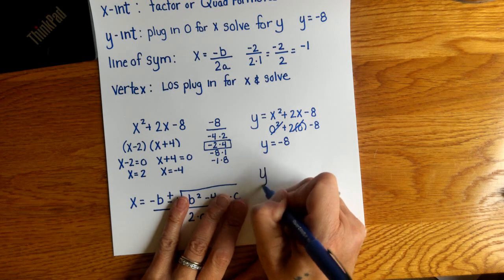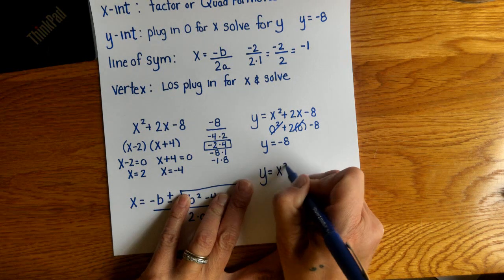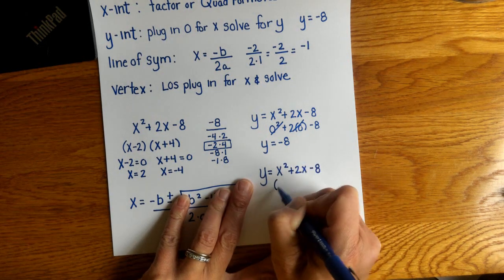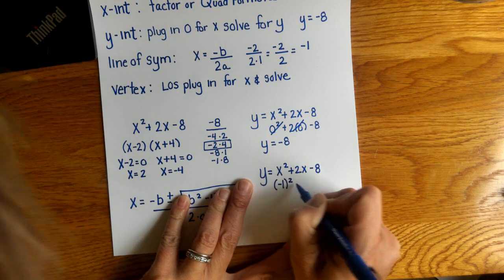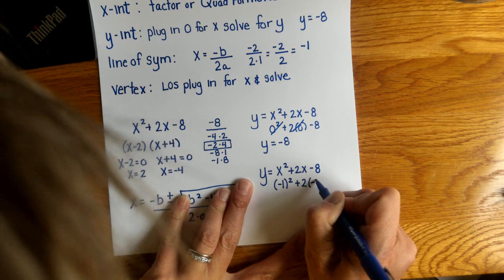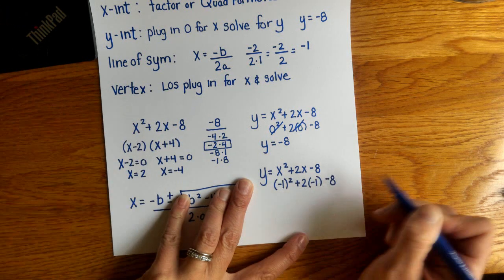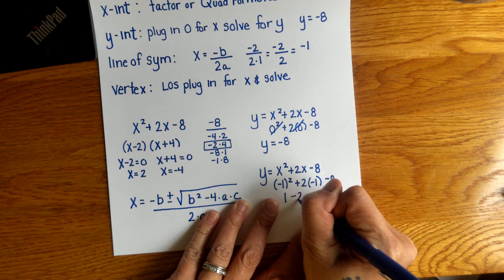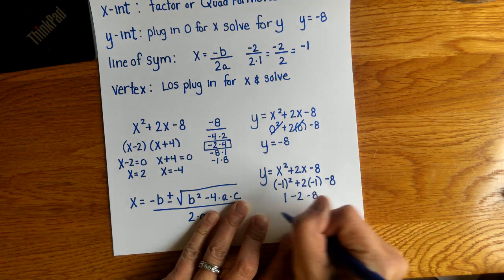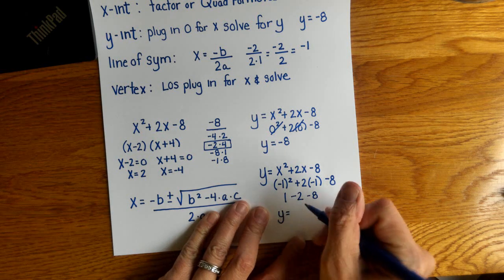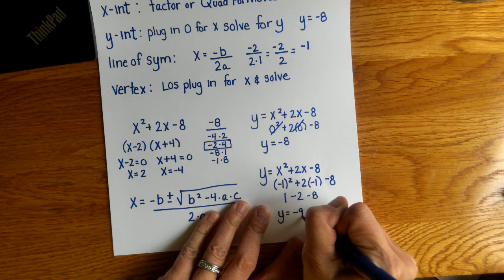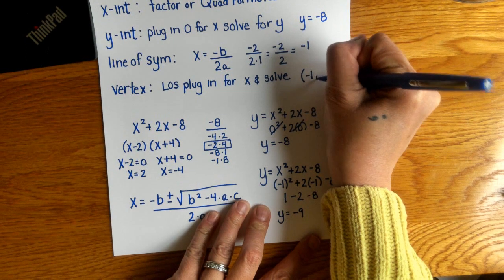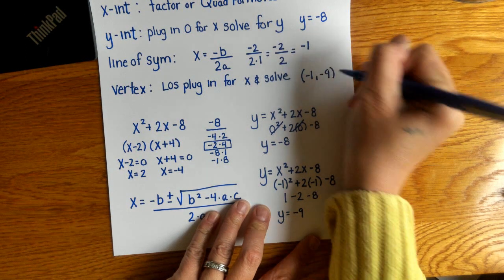I'm going to rewrite the problem. y equals x squared plus 2x minus 8, negative 1 in for x. Negative 1 squared is 1. 2 times negative 1 is negative 2, and negative 8. So y will equal negative 9. And my vertex, when I have negative 1, I will get negative 9.